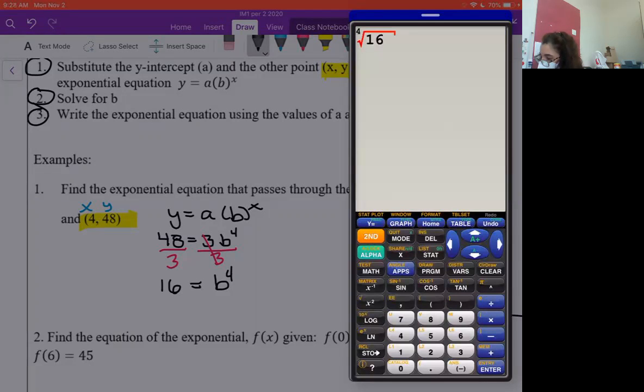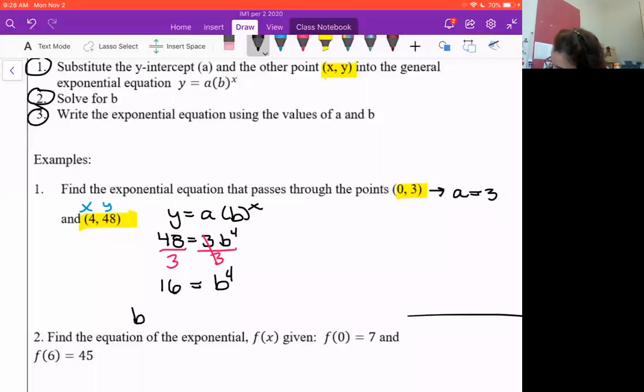However, I realize most of you do not have a graphing calculator, so we're going to have to figure out where that button is on your calculator. So I would do the fourth root of 16, which is 2. So b equals the fourth root of 16, which is 2. In other words, 2 times 2 is 4, times 2 again is 8, times 2 again, so 4 2s is 16.